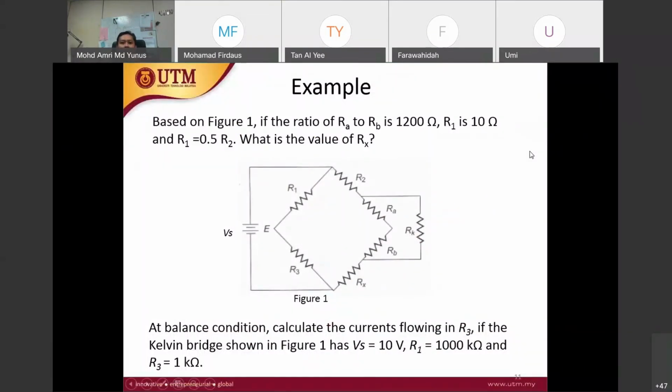Okay, so based on this, if the ratio of RA to RB is 1.2K ohm, R1 is 10 ohm and R2 is 0.5, what is the value of Rx?